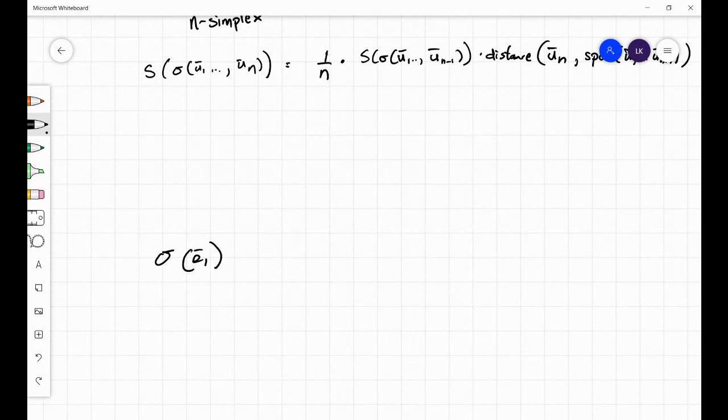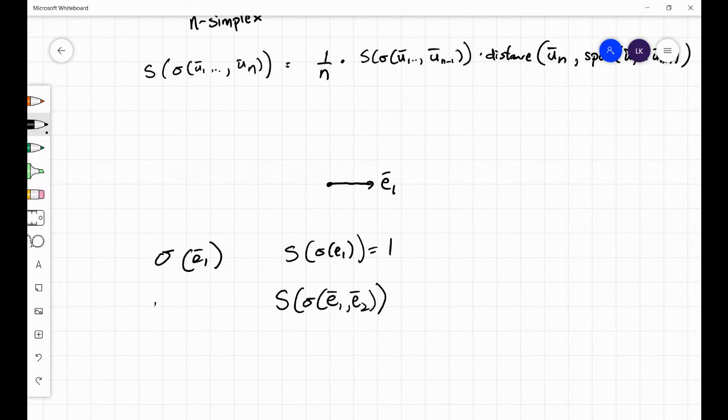Okay. So in particular, if you look at the simplex defined by E1, obviously that's just a unit vector. Its signed volume would just be 1. Okay, so what about the signed volume of the simplex defined by E1 and E2? Well, that would be the area of this right triangle.